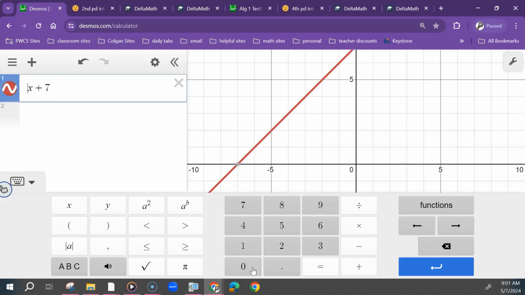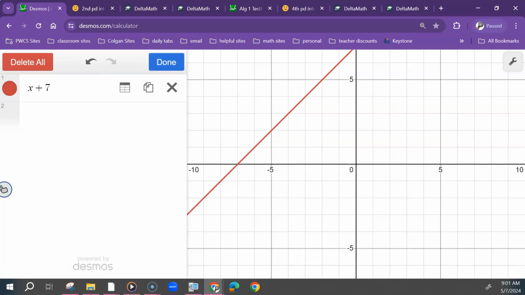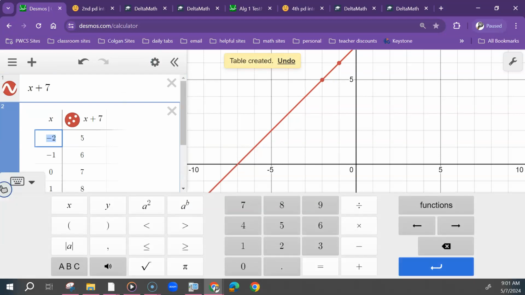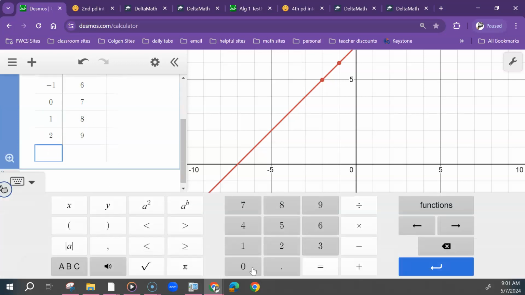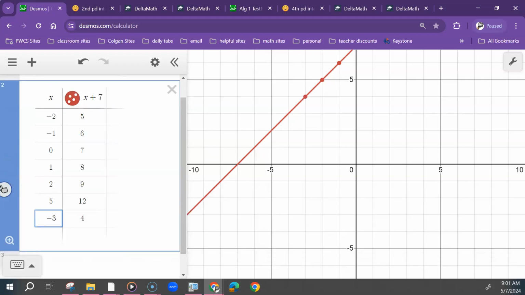It's going to give you the same line. Again, you could look at it. Or you could go into the table. Go into the gear wheel. Make this a table. It'll give you some values, like -1, I know y is 6. For the other ones, I would just type in and get those answers. Questions?